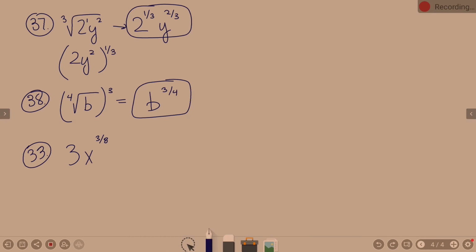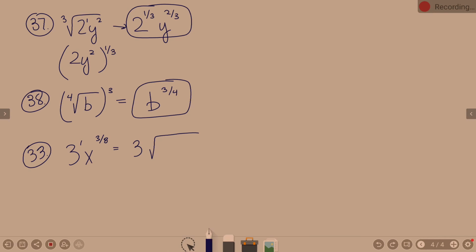Okay? The trick here is that what is the exponent on 3? It's just a 1. So the trick on that one is that 3 goes out front of the radical. The basics is, can you deal with x to the 3/8? That's the basics that you need to know.